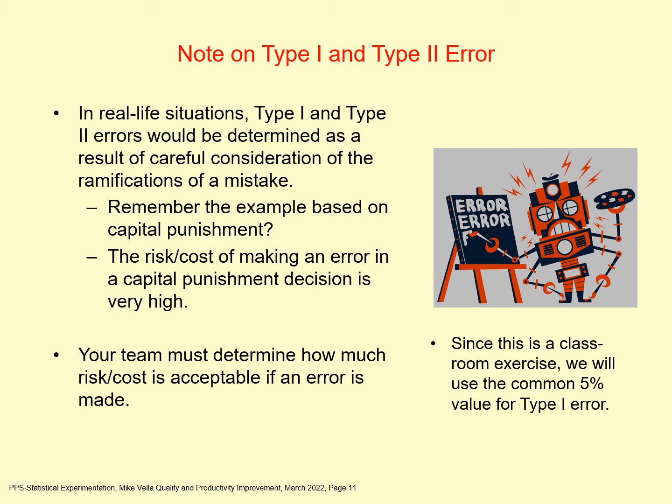It's likely that the decision that you make in your process experiments won't be that high. Your team must determine how much risk cost is acceptable if an error is made. And since this is a classroom exercise, we'll use the common 5% value for the type 1 error.